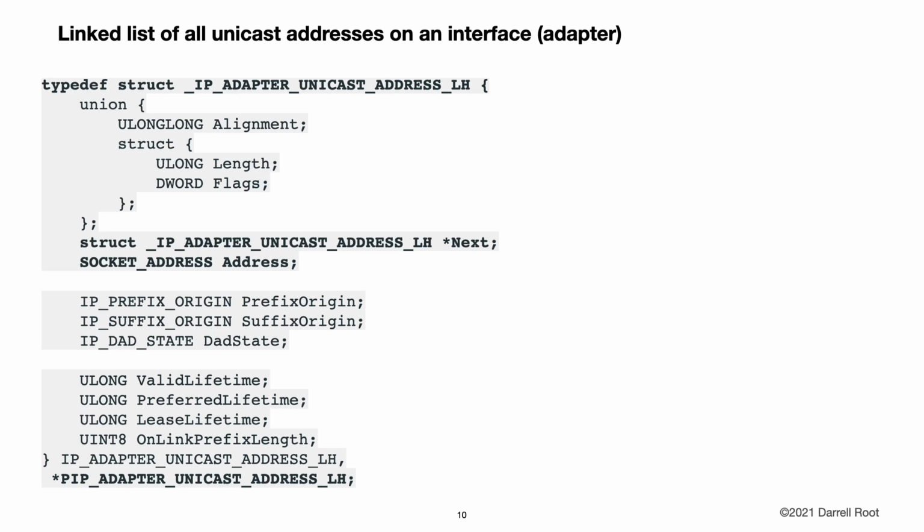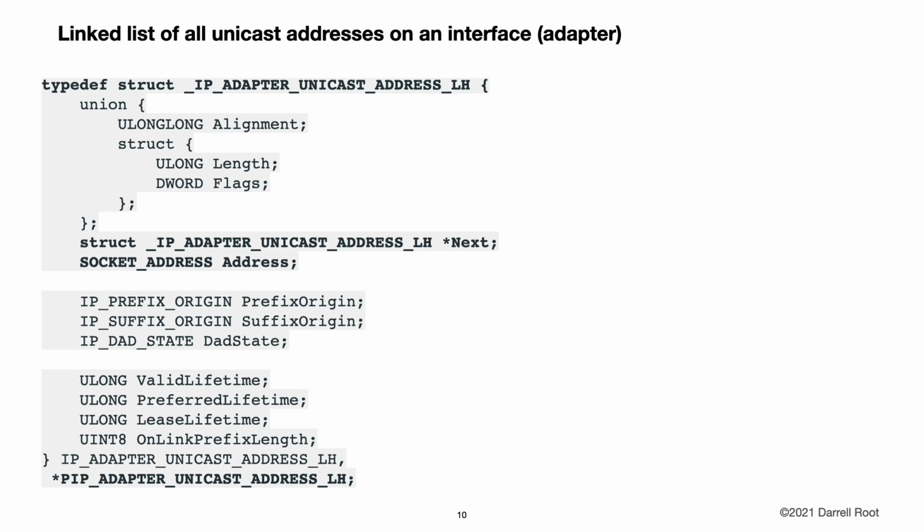So this again uses the standard Windows naming convention where we have a struct tag with an underscore, and then a typedef for the struct so that we have the same name without the underscore, and then we have a pointer to the IP_ADAPTER_UNICAST_ADDRESS_LH where we've prepended the P onto the name. So if you see the P at the start, that's usually a pointer in the Windows realm.